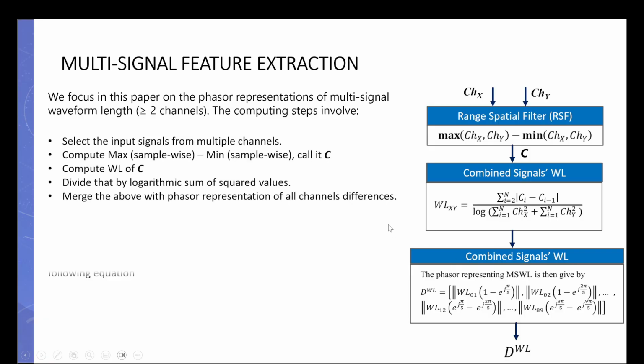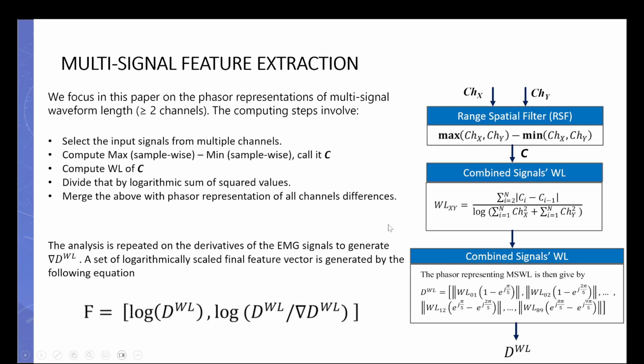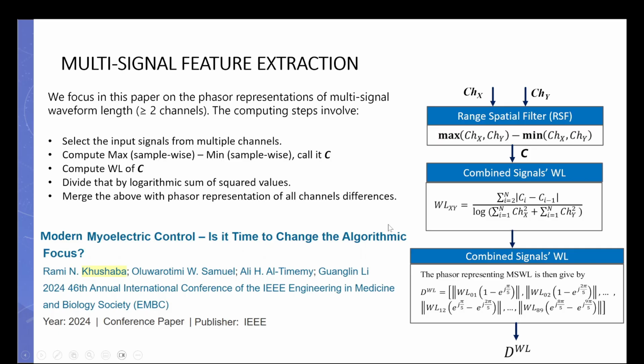And at the time, specifically last year, we showed at EMBC in our paper titled Modern Myoelectric Control, Is It Time to Change the Algorithmic Focus? We said, look, something simple like this, without any complication, is already showing value, and it's competing with state-of-the-art deep learning models like Rocket, Mini Rocket, or even LSTM and other models.